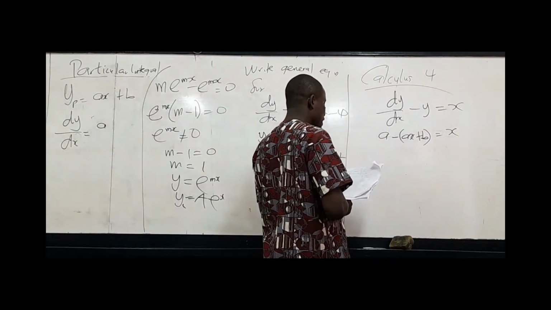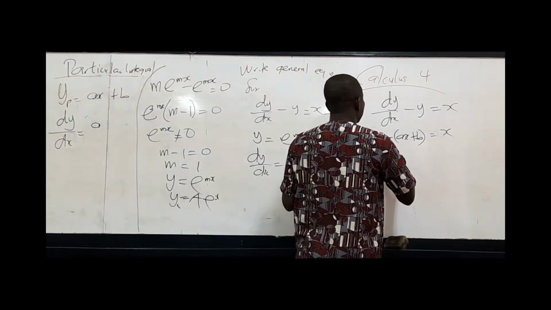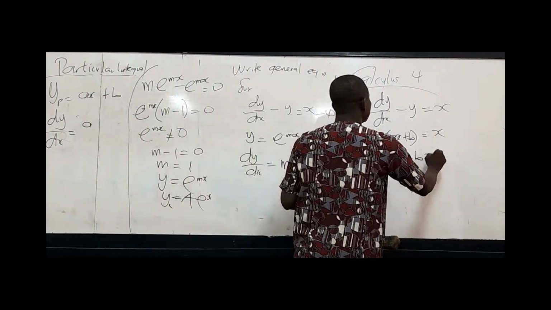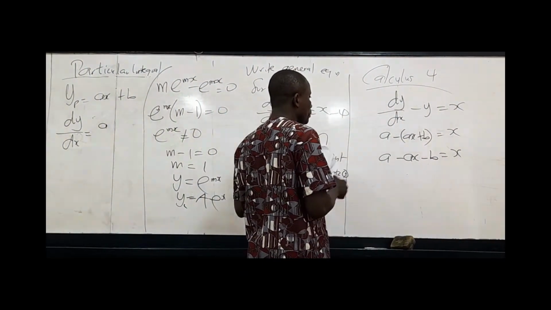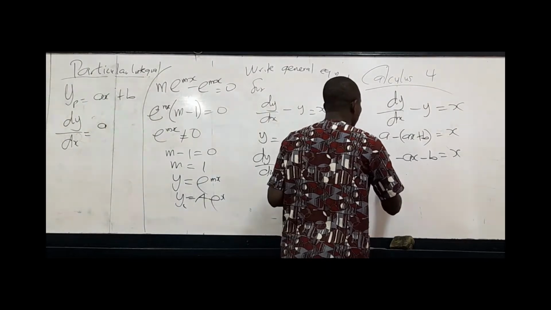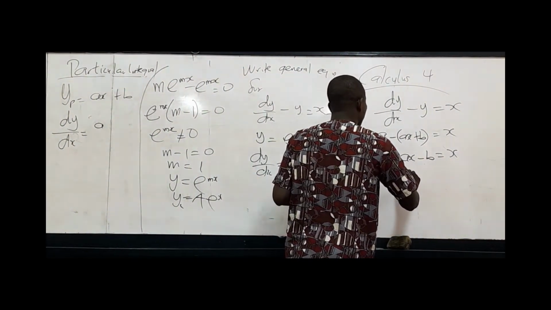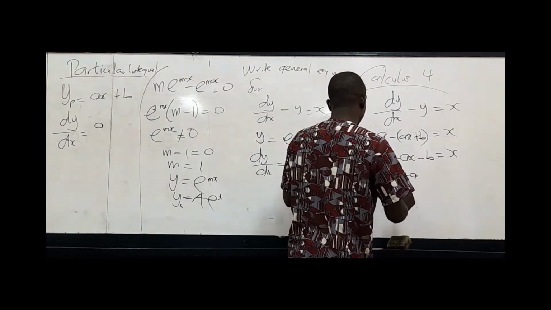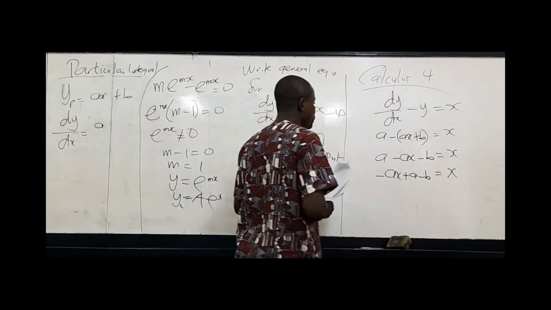So if I open the bracket, it's going to be a minus ax minus b is equal to x. So let's look at it carefully. Here it's going to be minus ax plus a minus b is equal to x.